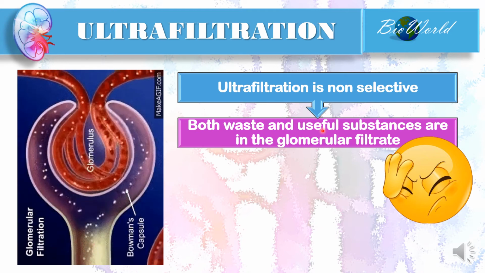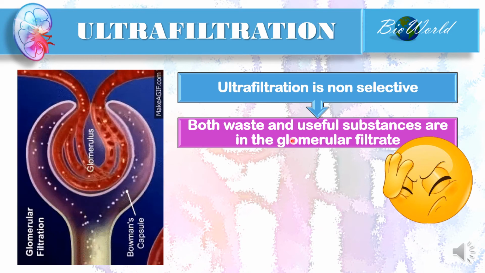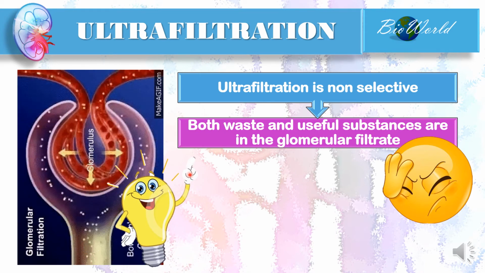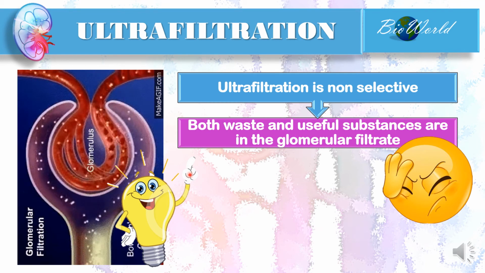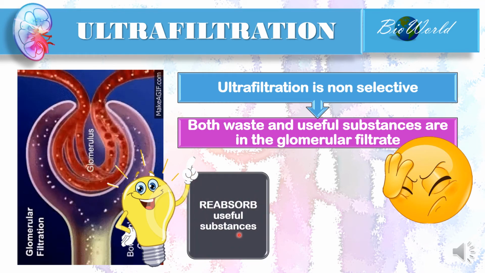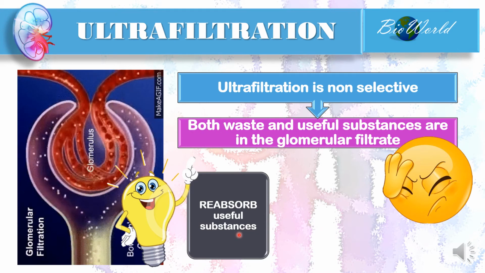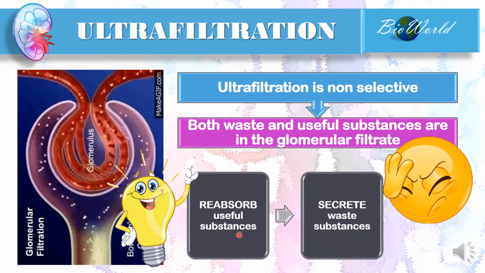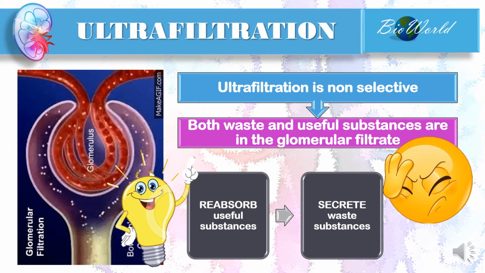They are important for the body. So, the solution has to be in the next two steps of urine formation, that is, reabsorption of the useful substances such as glucose and secretion of waste substances such as urea.